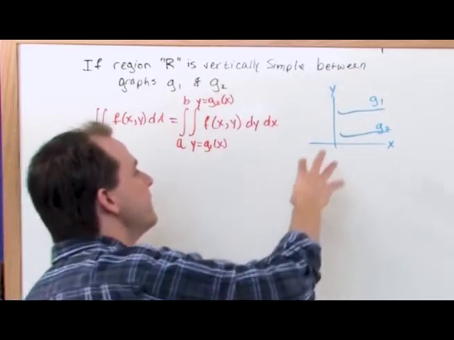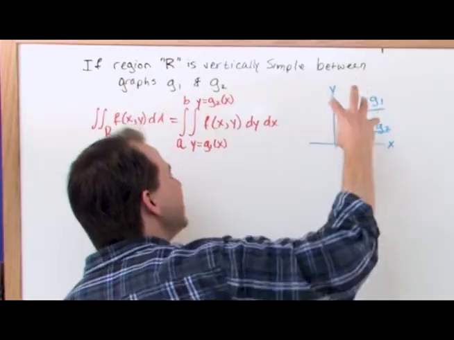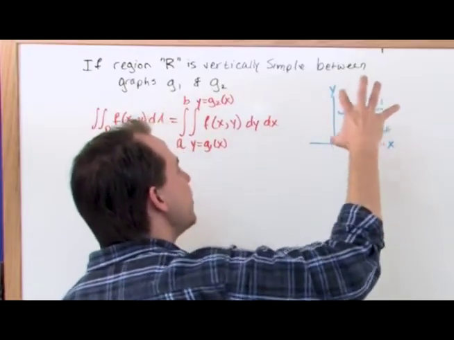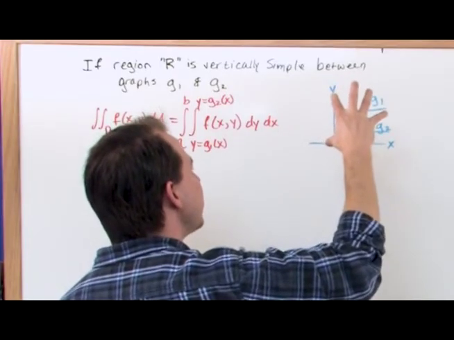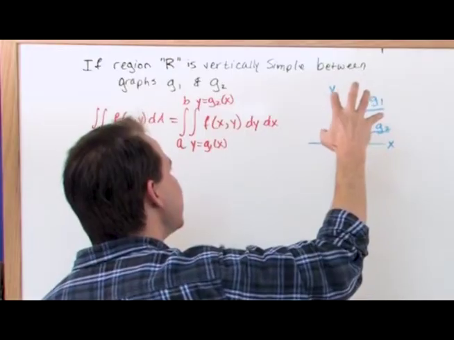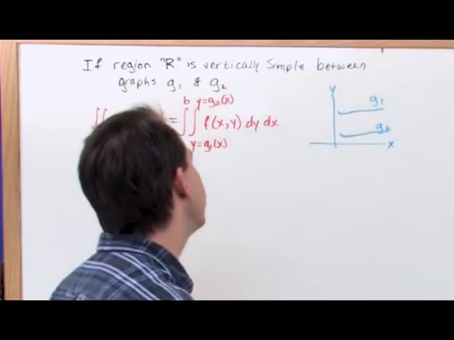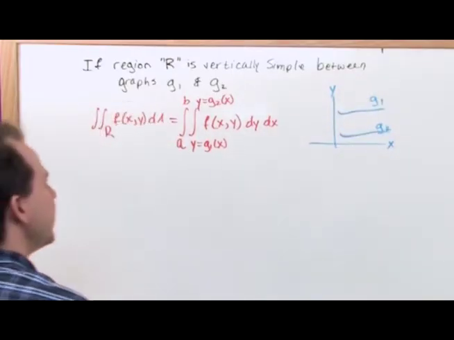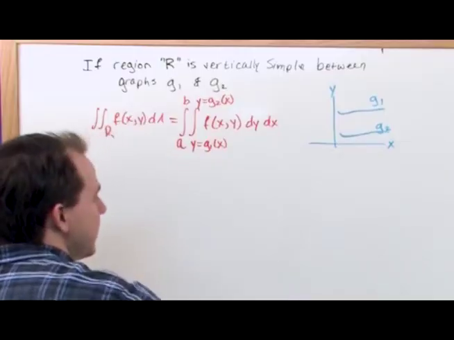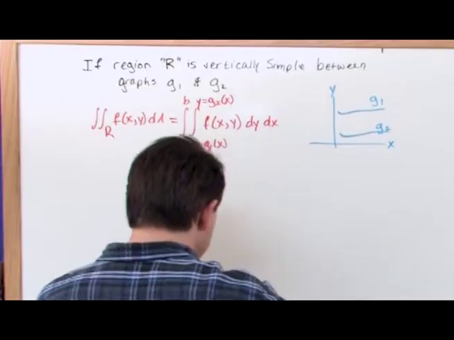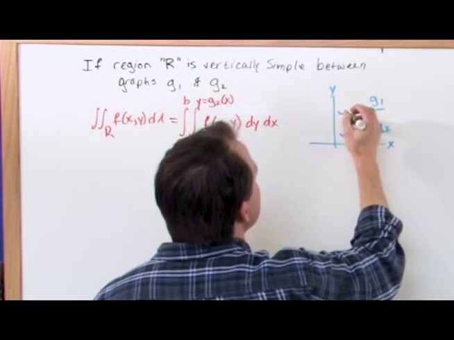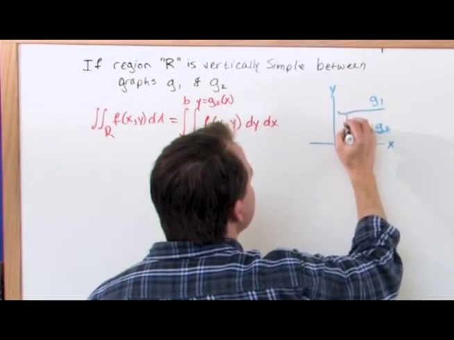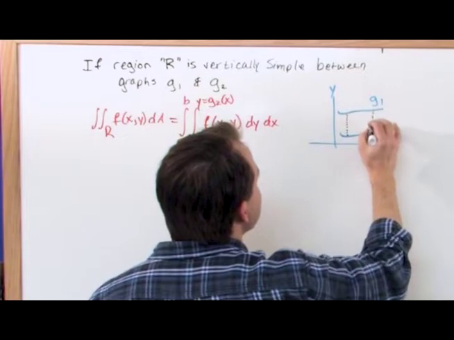Okay, so if you can visualize this, I'm looking down at the xy plane, so my actual function is hovering over this right here. It's a three-dimensional thing sitting here, and I'm integrating it over this region R. Let's say I want my region R, that I want to integrate over, to be between this dotted line and this dotted line.